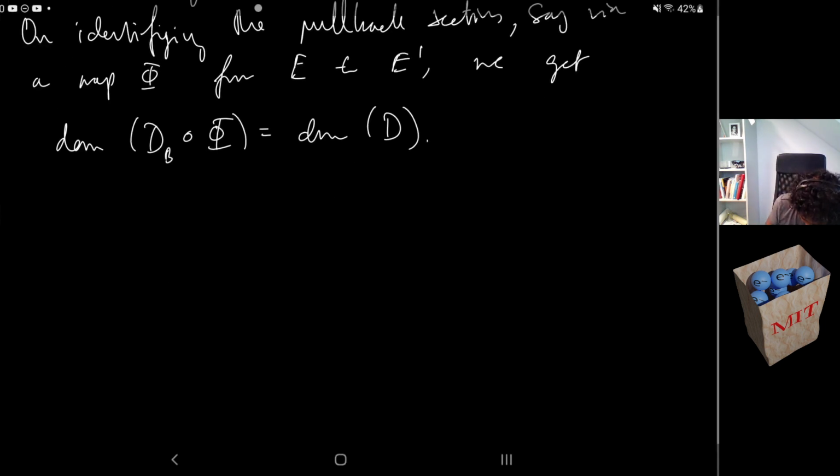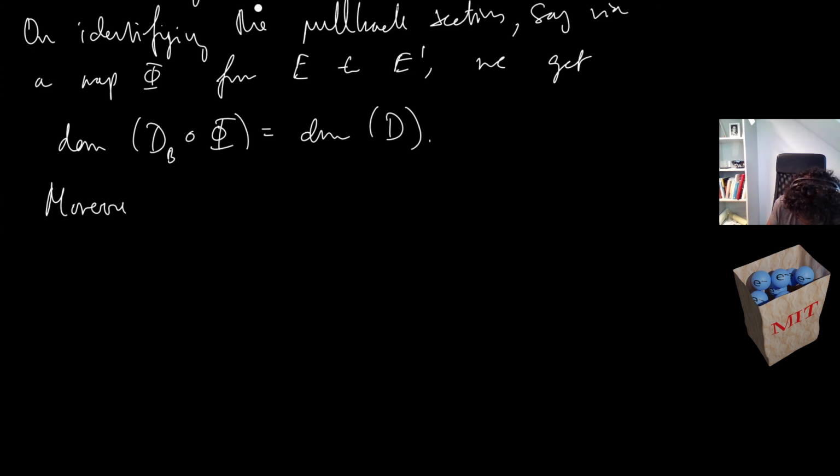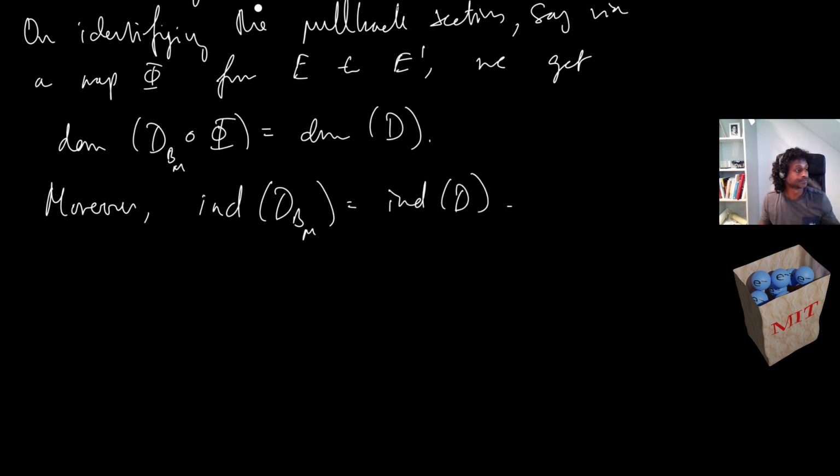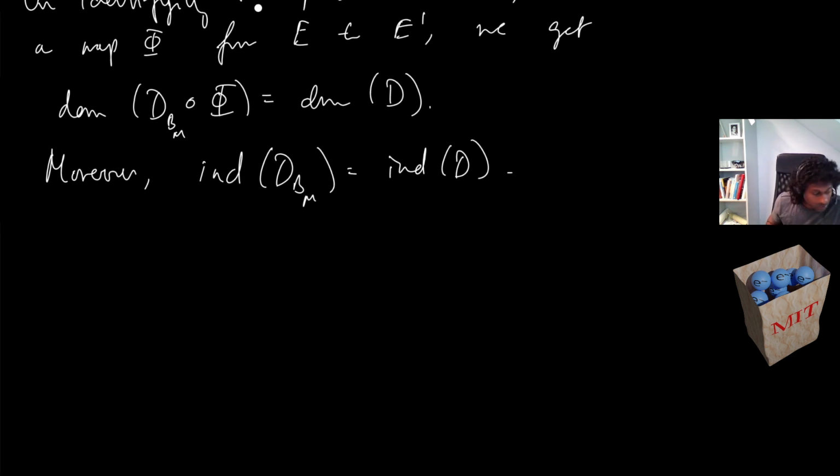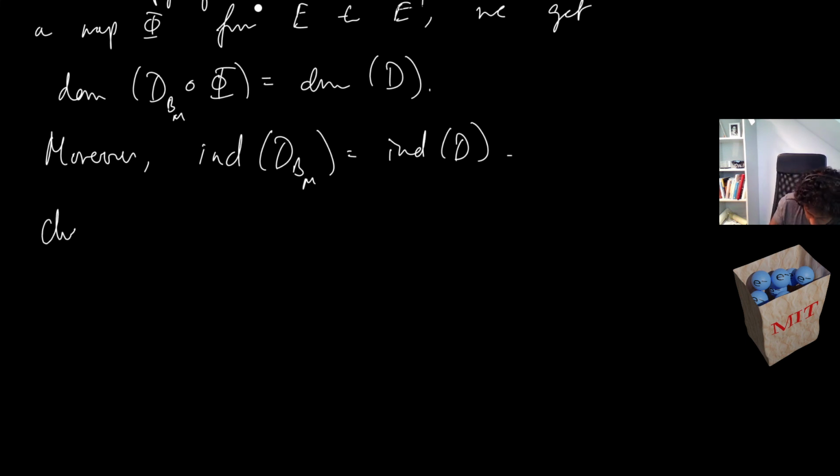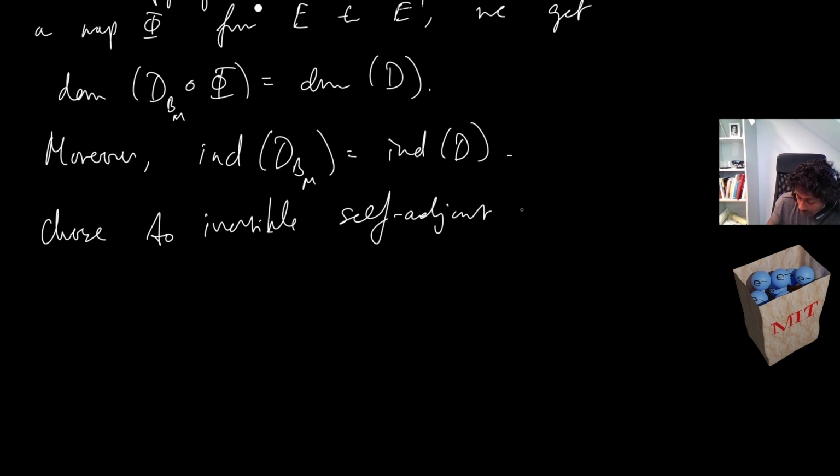So moreover, the index of D_{B_m} is equal to the index of D. Okay, so now the point is to choose A_0 an invertible self-adjoint adapted boundary operator.